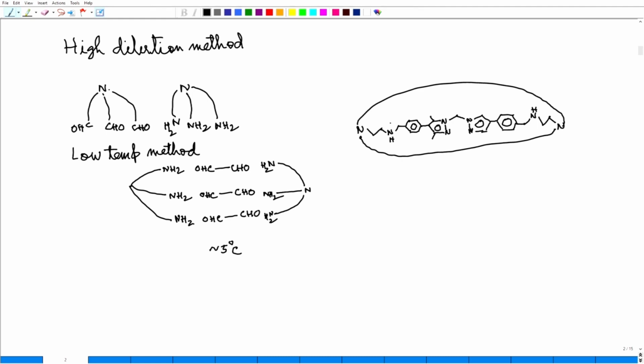So, this is a dialdehyde, and we reacted with this. So, we got this particular cryptand at 90% yield. So, in some cases really wonders can happen with this kind of molecules. Okay, so, that is probably ending the class today.